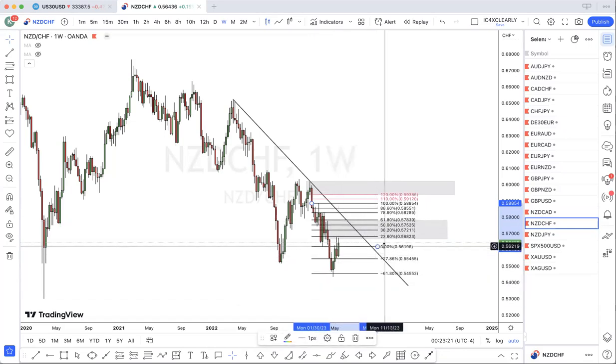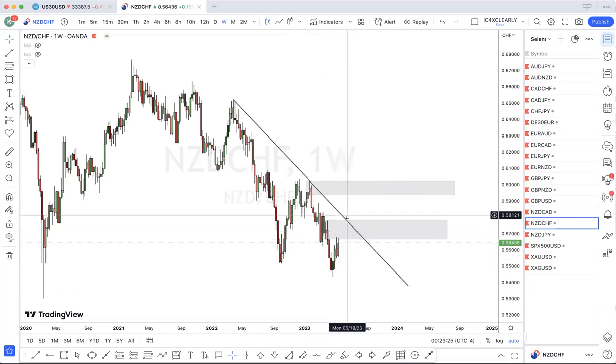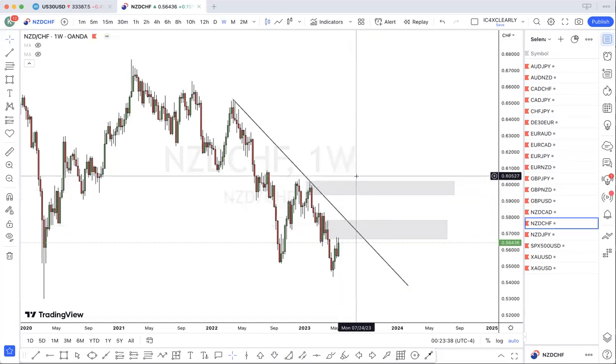So yeah, I would definitely be expecting a push up to the top side, to be honest. But I just say tread lightly in here, wait for confirmation, and then go for the buy.